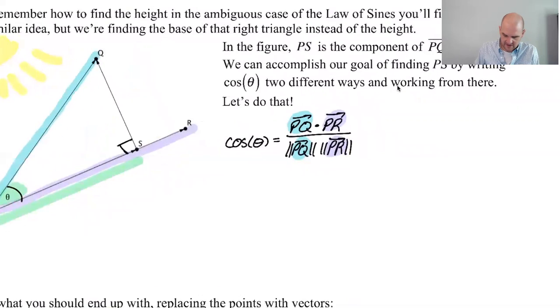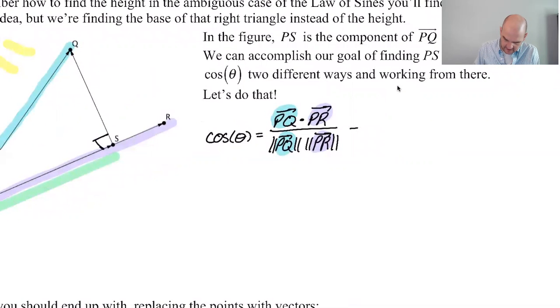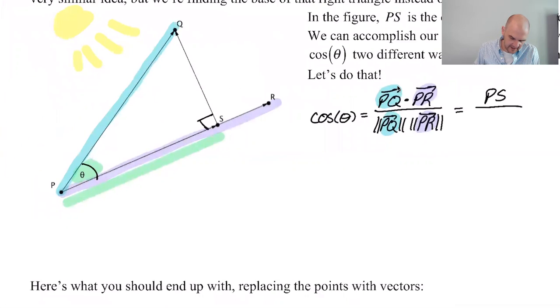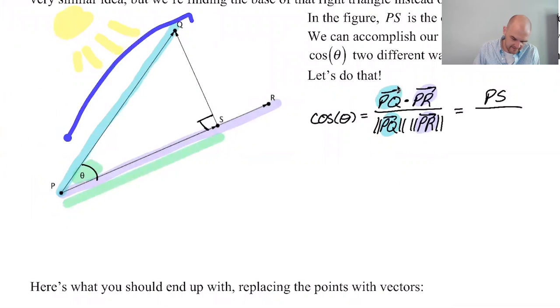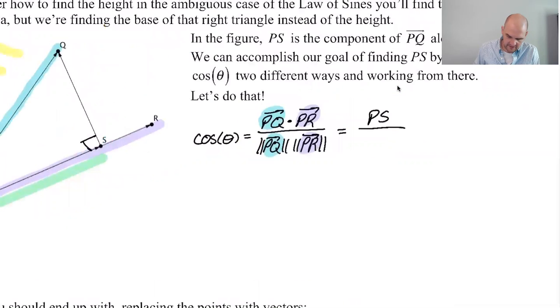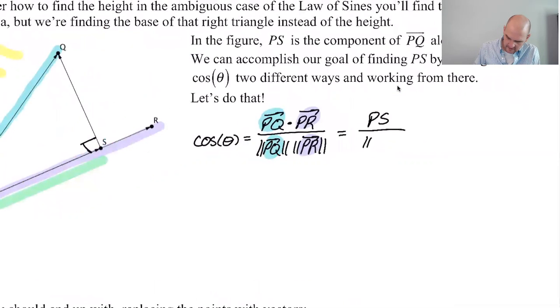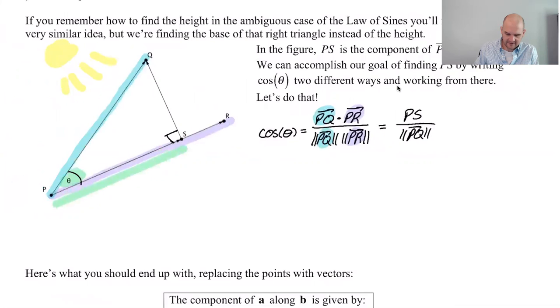The length of PS is actually the component. So it's PS, that's adjacent, over the hypotenuse. But the hypotenuse is the magnitude of PQ. It's not PQ itself, so the magnitude of PQ. PS is not a vector. I mean, it could be a vector, but I'm not thinking of it as a vector. I'm just thinking of it as a line segment.